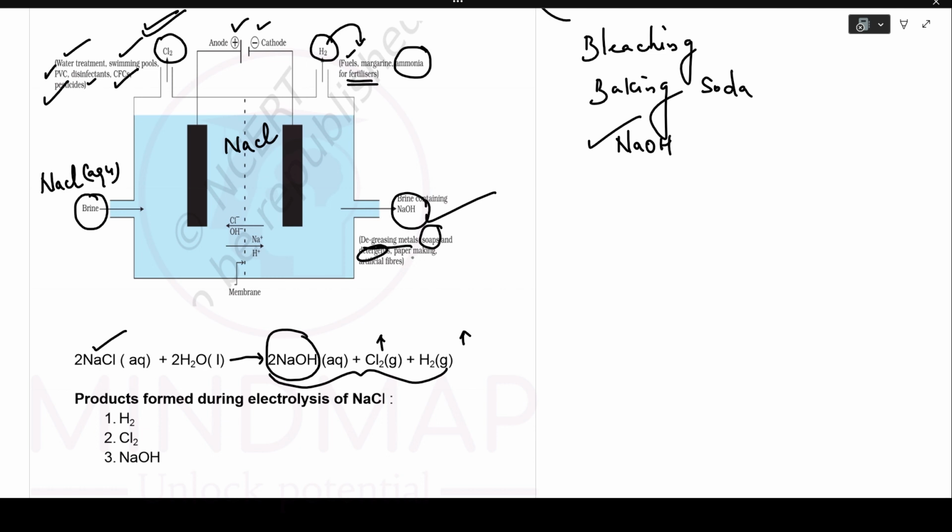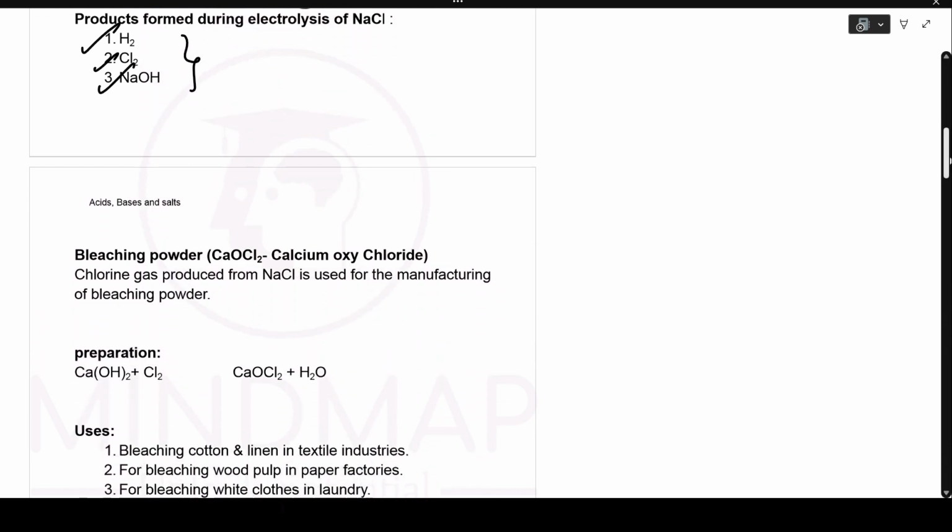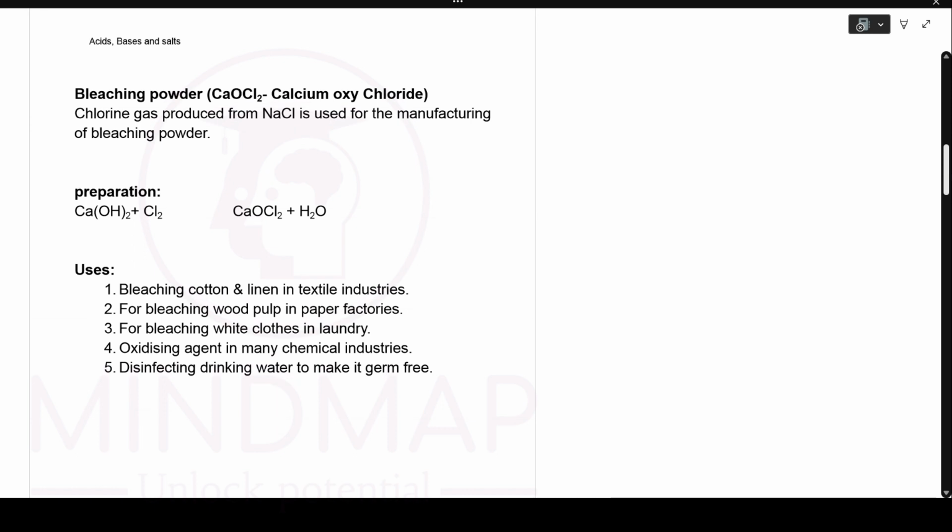It is also used in paper making and artificial fibers. So, these were the three products which we get from the electrolysis of NaCl, and we have learned their uses also. Correct? So, other than sodium hydroxide, we also get many other products by using NaCl, sodium chloride.